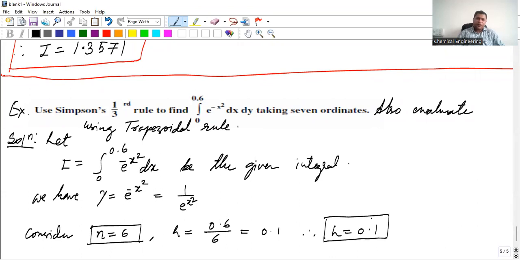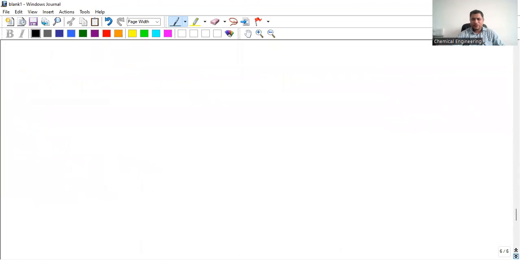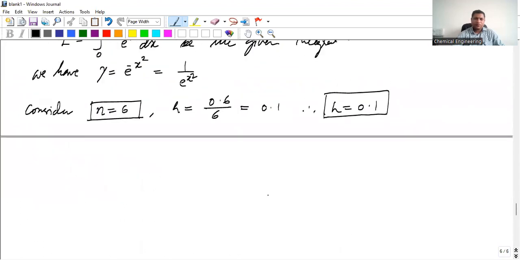So we have n, we have h, we can construct the table as we know y also. Let us construct the following table.